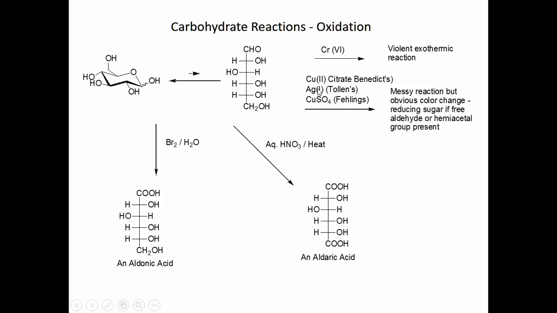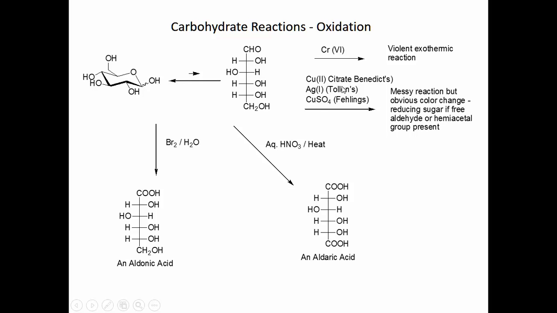Using the milder reagents that we saw back in the aldehyde chapter, things that are very specific for oxidizing an aldehyde into a carboxylic acid, those reagents here give us a mixture of carboxylic acid and a lot of the closed forms of oxidized products. So these are not very clean.